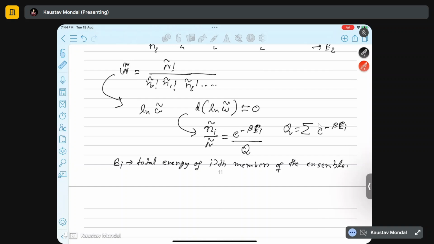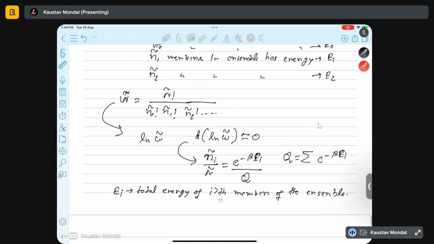Okay, total energy Ei. This microcanonical partition function is actually different compared to the normal canonical function or the translational canonical function that we discussed previously.